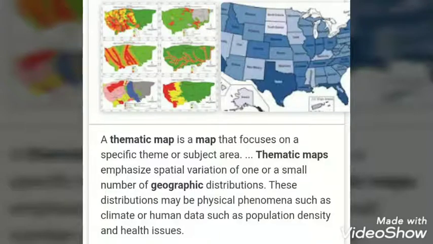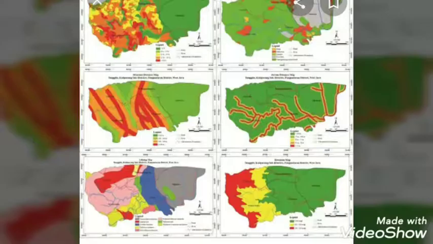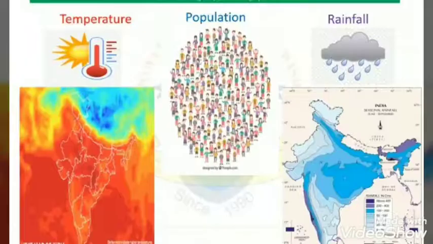A thematic map is a map that focuses on a specific theme and subject area. In thematic maps, distribution of various variables in a region is shown. Example, distribution of temperature, population, rainfall, etc. is shown on the maps according to the data of these variables.